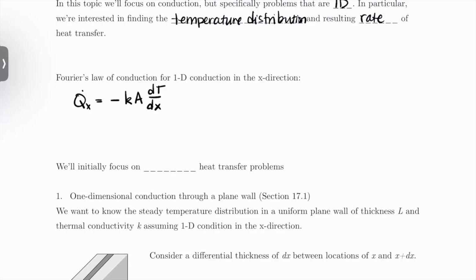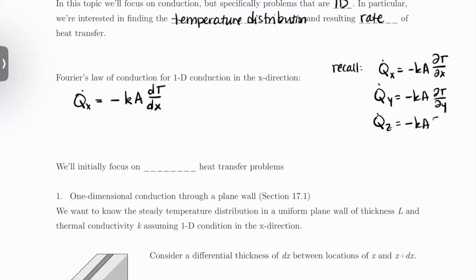Okay, so if you remember, in general, we had Q dot x is equal to minus kA partial T partial x. Q dot y is minus kA partial T partial y. And then Q dot z is equal to minus kA partial T partial z. All right, so these are the equations in each of the three directions.